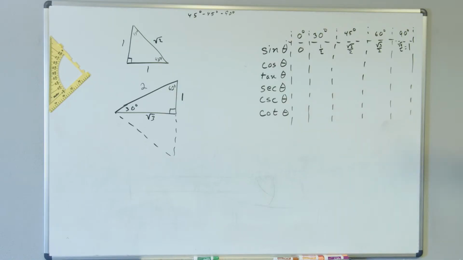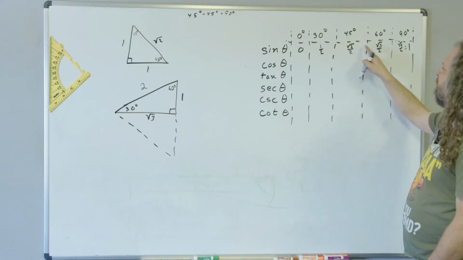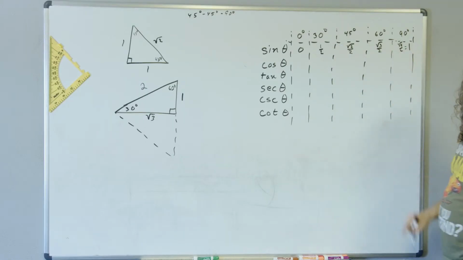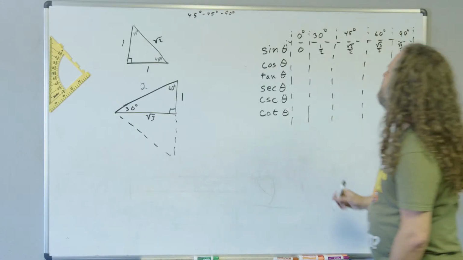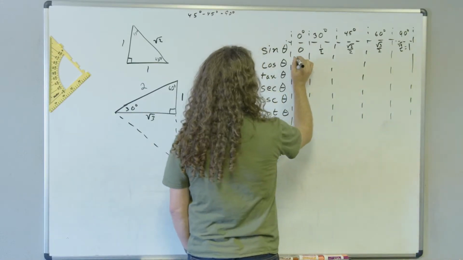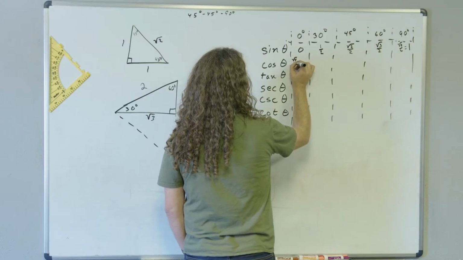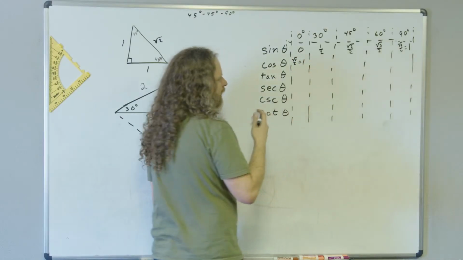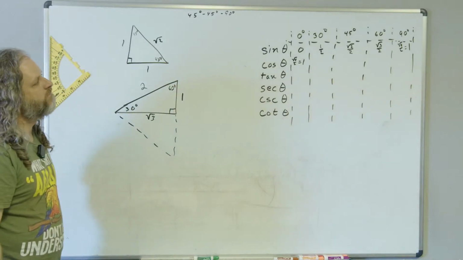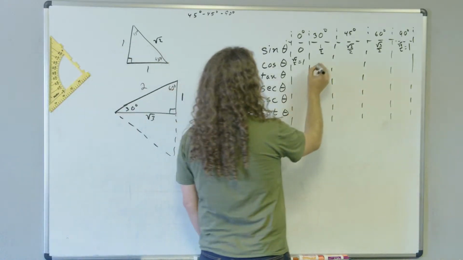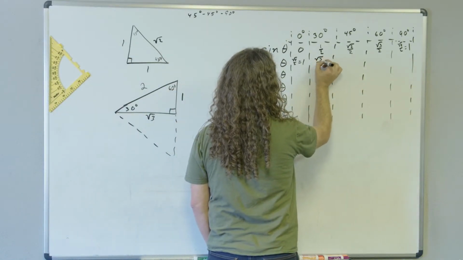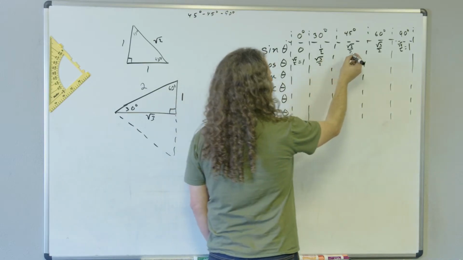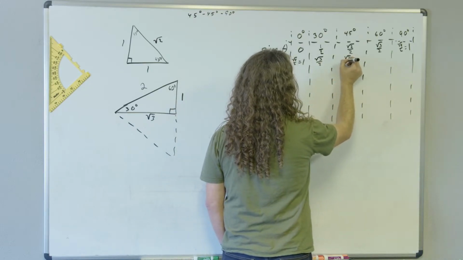So sine is 0, 1, 2, 3, 4. Cosine's the other way around. Cosine of 0 is square root of 4 over 2, which is 1. So cosine of 0 is 1. Cosine of 30 degrees is the square root of 3 over 2. Cosine of 45 degrees is square root of 2 over 2.